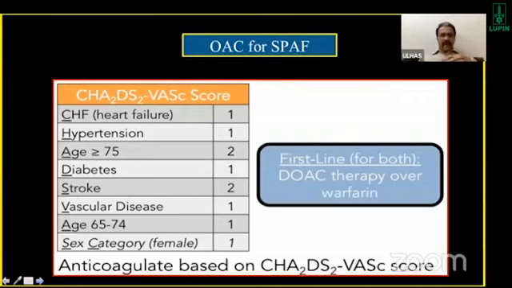And if the score is 2 or more, or 1 or more with respect to gender, we start administering oral anticoagulation. So we have really made the stroke prevention strategy very simple, but then it probably is not very scientific. Atrial fibrillation burden should also be taken into consideration.